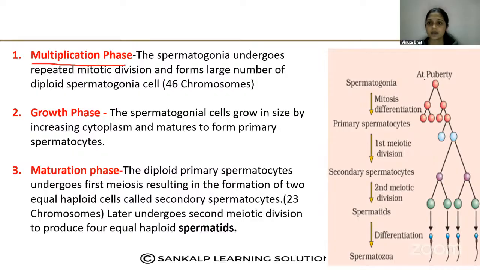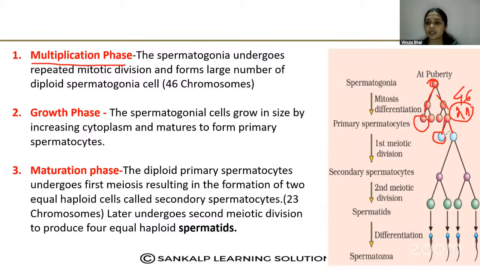So here, at puberty the spermatogonial cells undergo mitosis and differentiation and form the primary spermatocytes. Remember, the primary spermatocytes are 2n, which means they have 46 chromosomes. This primary spermatocyte undergoes the first meiotic division.